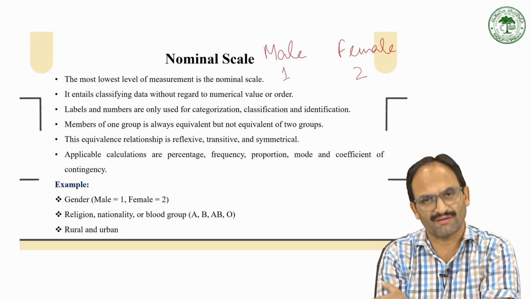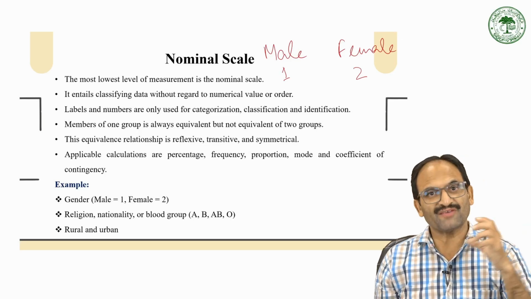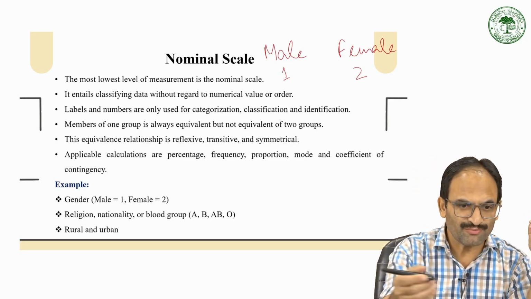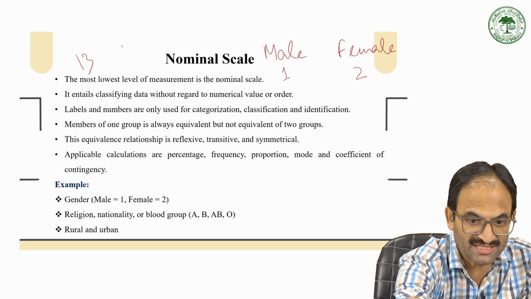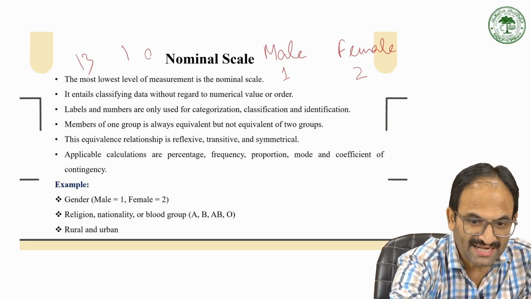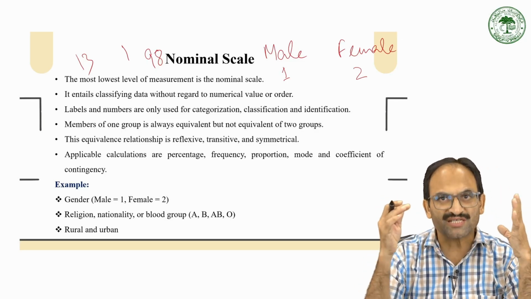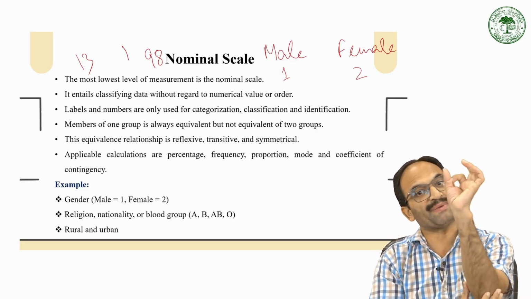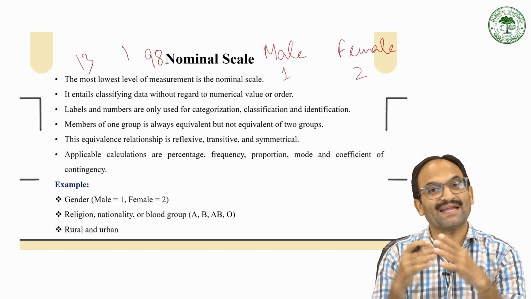Let me give you another example. You have seen football players, and if you see their jerseys, someone's number is 13, someone's number is 1, someone's number is 98. It doesn't mean that the player whose jersey bears the number 1 is the best player and the player whose jersey bears the number 98 is the worst one.